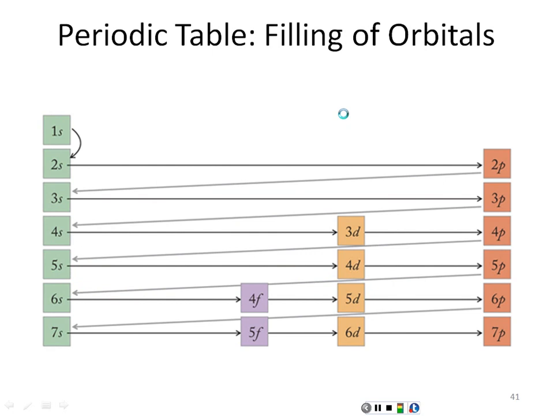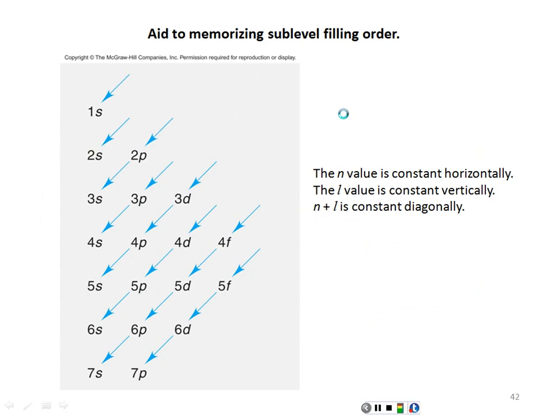So if we look at the pattern that we fill orbitals with, here's a figure that shows you the order: 1s to 2s to 2p, 3s, 3p. There's another figure here that your book gives. If you can remember this, it might help you. I tend to think this is a little confusing, but it might help some people.